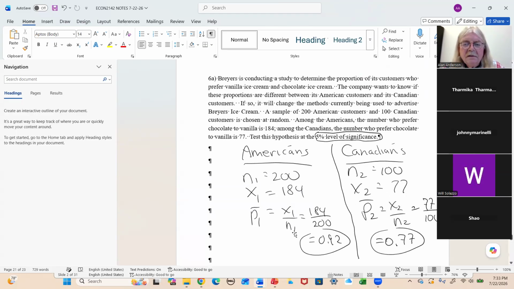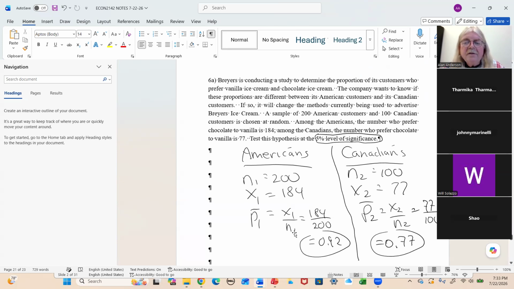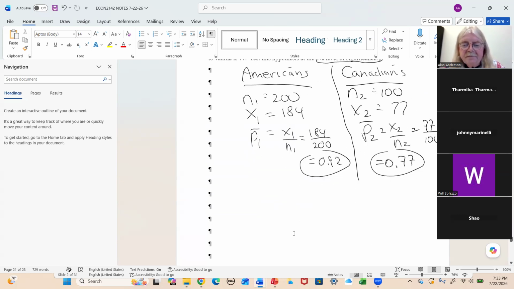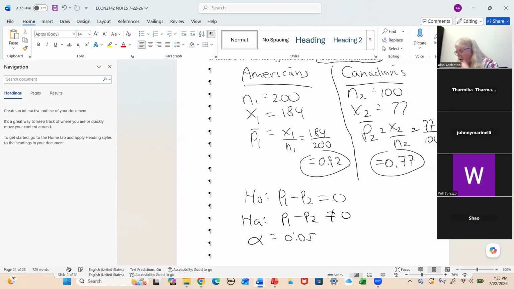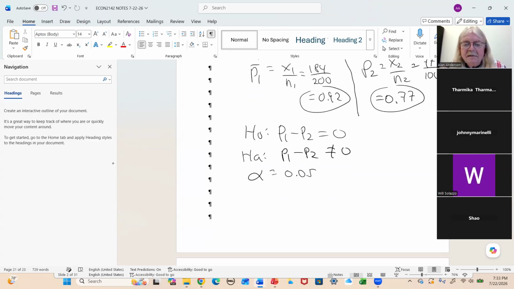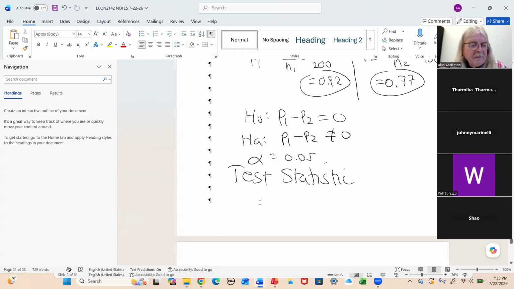So the null, yeah, it's a straight ahead two-tailed test. Now, this test statistic, oh my God. It's a big one.